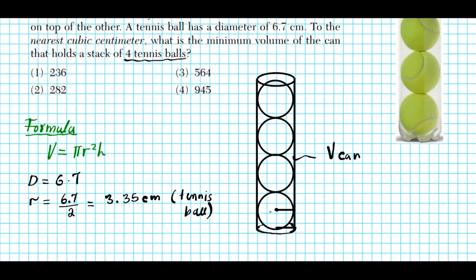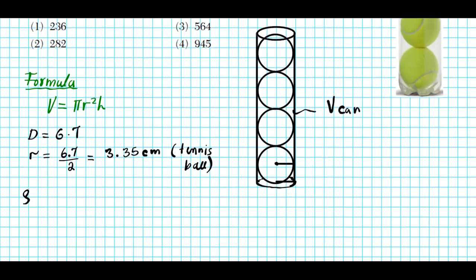Okay, but since it's packed in such a way that the radius of the tennis ball is equal to the radius of the can, let's write that down. Since the radius of the ball is equal to the radius of the can, so let's call this R sub t.